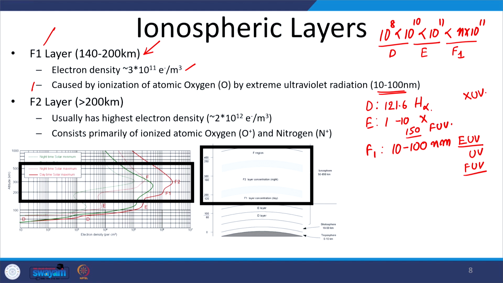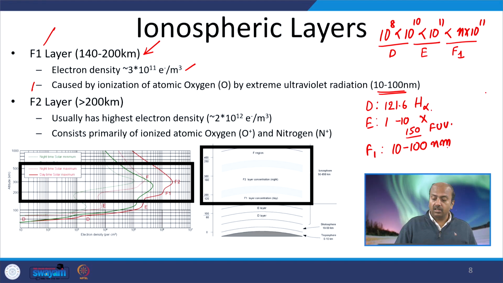Now, what is important for us? For us now, we are moving in terms of wavelengths. So, as you are moving towards the higher altitudes, more energetic radiations are appearing. So, 10 to 100 nanometers is the radiation responsible for the formation of the F1 layer, right. So, basically you remember the heights: 50 to 90, 90 to 140, and 140 to 200 is the F1 layer.